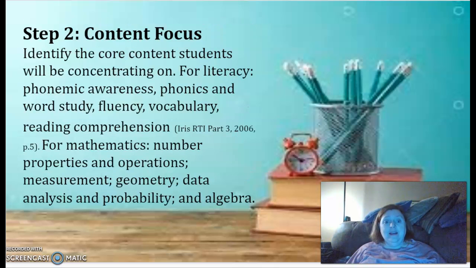Then they take those content scores and identify the core content that they need to be looking at. In literacy, we focus on phonemic awareness, phonics and word study, fluency, vocabulary, and reading comprehension. In the math area, we focus on number properties and operations, measurement, geometry, data analysis and probability, and algebra.